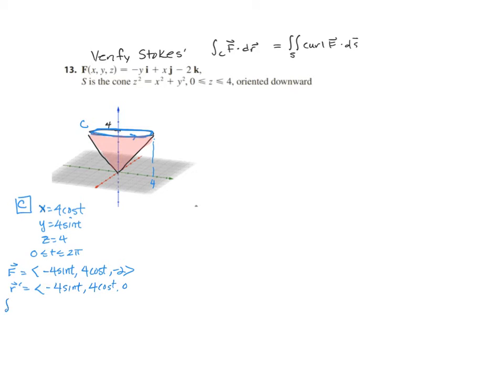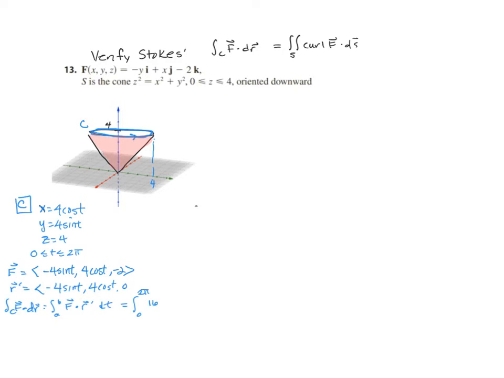So for line integral, directly, recall, it's going to be the integral of f dotted with r prime. And so that's going to be here 0 to 2 pi, and then this dot product is 16 sine squared plus 16 cosine squared.